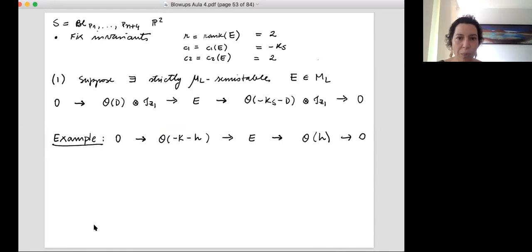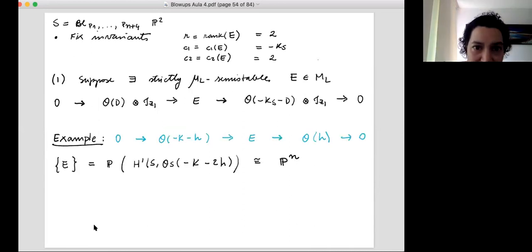Now, if you want to compute all the extensions that lie in an exact sequence like this, the set of these extensions is parameterized by the Ext^1 of one line bundle by the other. And then you can compute, again using Riemann-Roch, that this space of extensions is P^n.